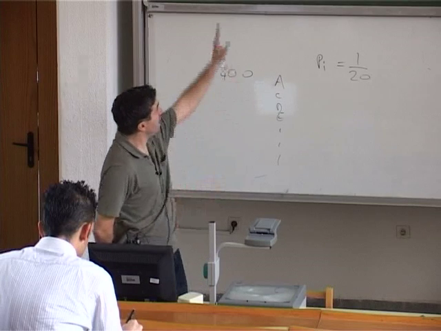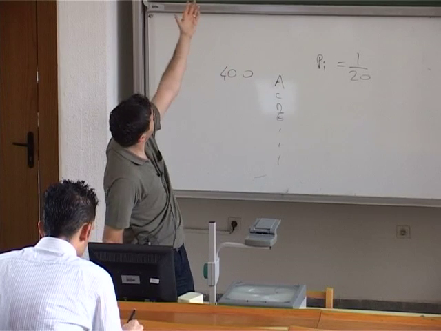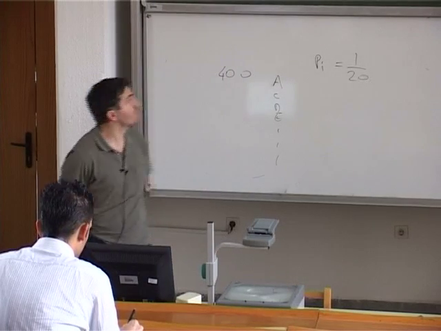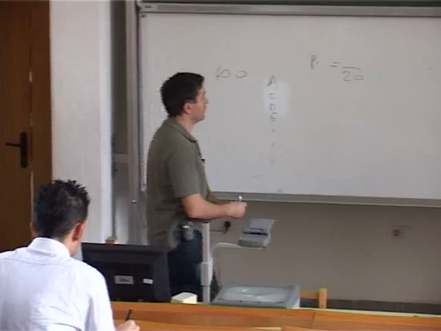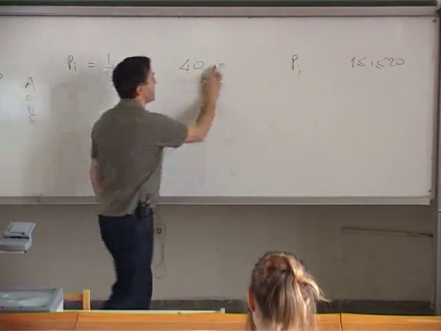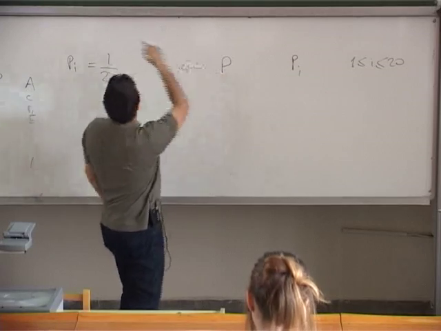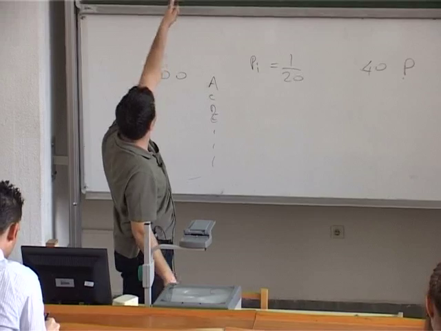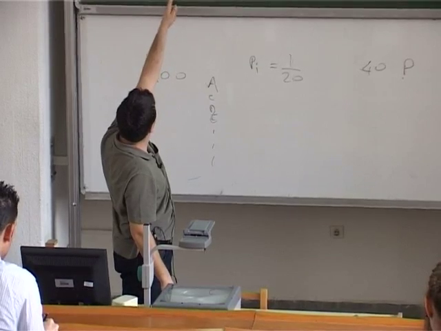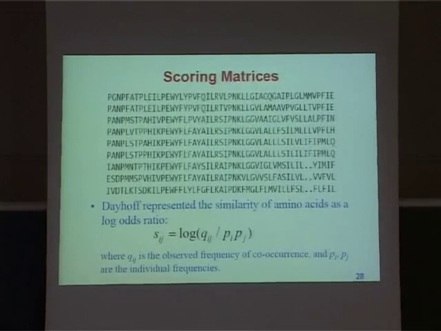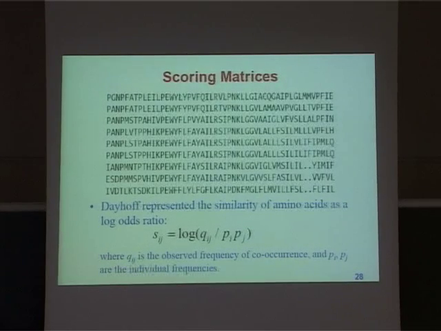But you just count. For example, maybe there are 200 amino acids here. Out of these 200, maybe 40 of them are P, okay? The amino acid P, which is the first letter that occurs in the first column, and the fourth column, and the eighth column is all P's.